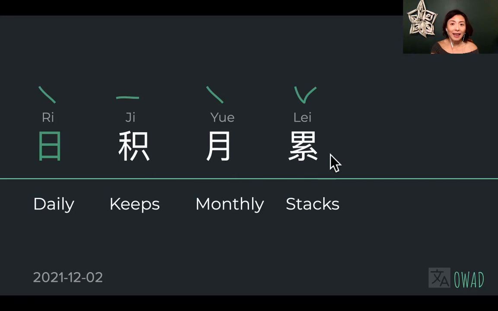Then 积 and 累, both words express a similar concept, which means you keep something, you're accumulating, and it grows bigger. Both of them have roots in the daily activities of agricultural life.